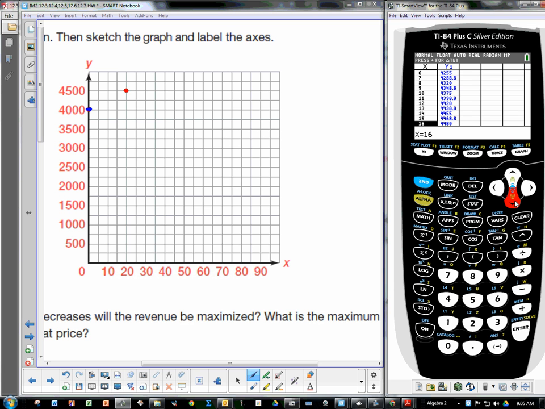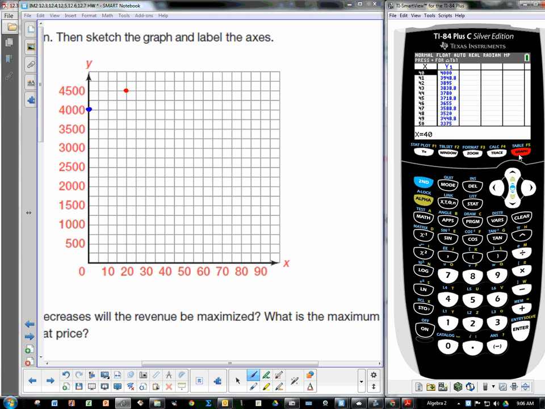Now, once again, let's say I wanted 40. What could I do? Second table set 40. Go right to 40, right? Then go second table, and there it is. 40, 4,000.